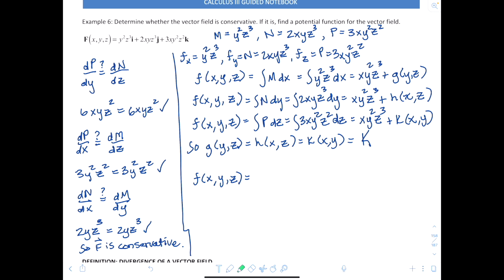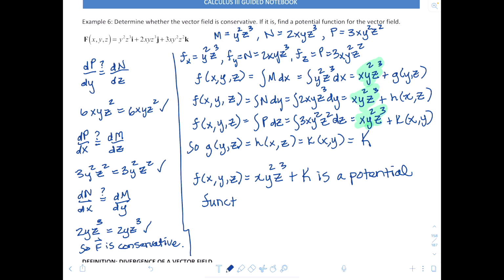Notice, we got the same result. So that's why if we set the constants equal to, those functions equal to each other for some k and call it some k, then we would have x y squared z cubed plus k is a potential function for the vector field f x, y, and z.